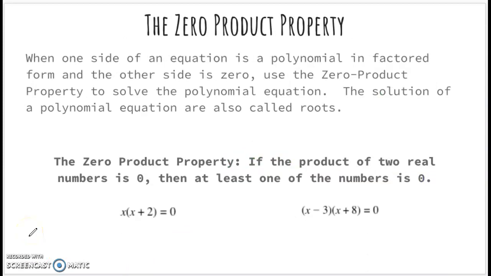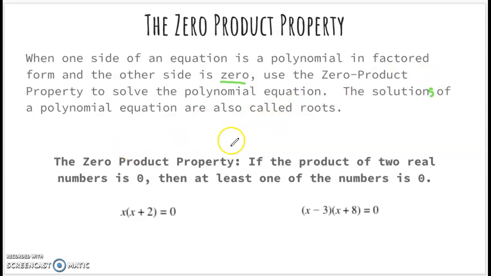All right, so that brings us to the zero product property. When one side of an equation is a polynomial in factored form and the other side is equal to 0, or the output is 0, you can use the zero product property to solve the polynomial equation. The solutions of the polynomial equation are also called roots.